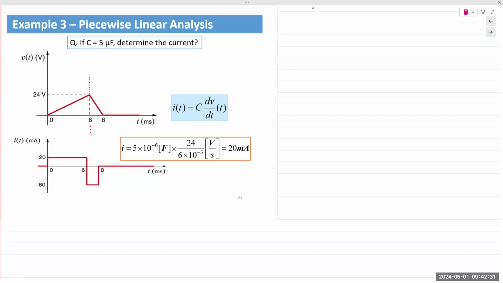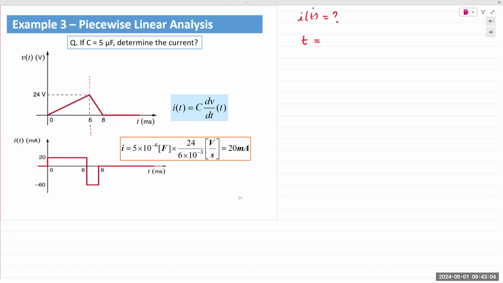Okay, so example 3, voltage V of t is given graphically. Capacitor C is given. We are asked to find current I of t. And you will see how easy this could be. So what I'm going to do here is, first, break up time into two parts.